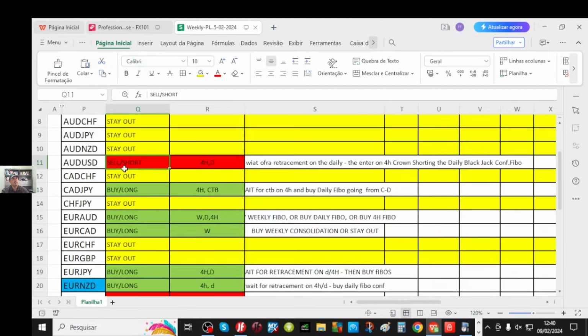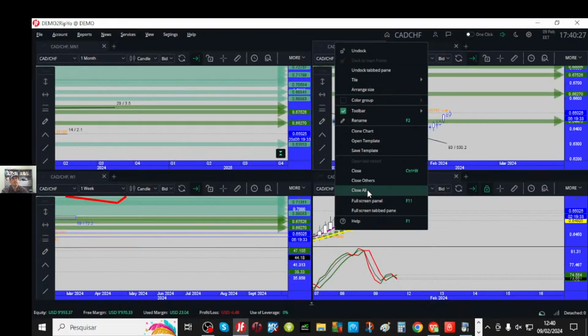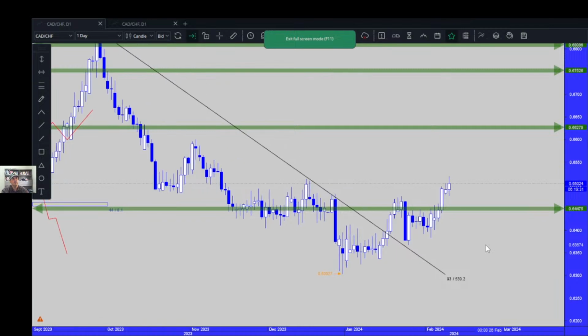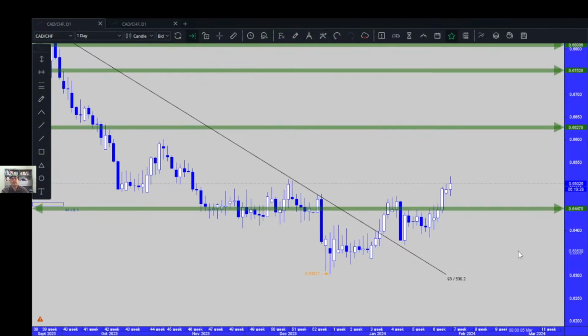You are doing something like this, Canada CHF for next week. What would you say? Sell, short, buy, long, or stay out? See everybody, what is the good news? This is something that you can measure.